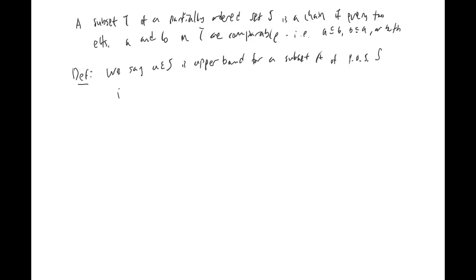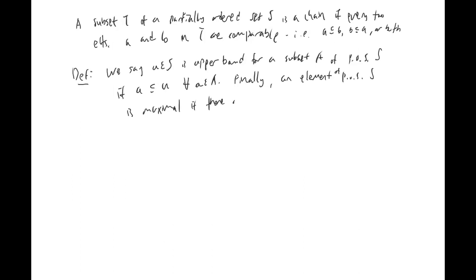U is an upper bound if A is less than or equal to U for all A in A. And finally, this is sort of what we want in our homework question: an element U of a partially ordered set S is maximal if there is no S in S such that U is less than S. Everyone clear on this?